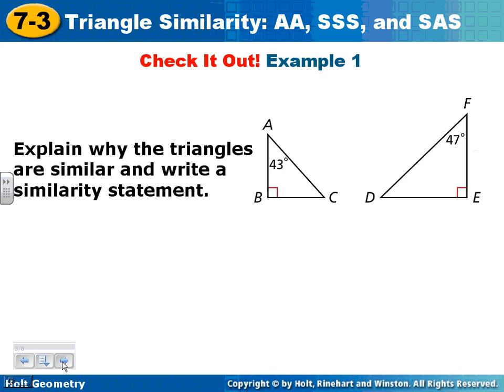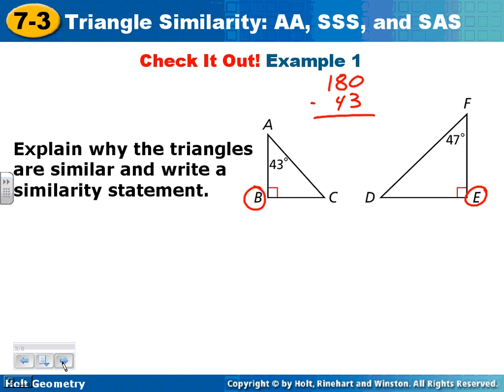Look at the next one. Same thing. Explain why the triangles are similar and write a similarity statement. Well, I see angle B and angle E are right angles, but I see a 43 and a 47, not congruent. But remember the rule of 180.